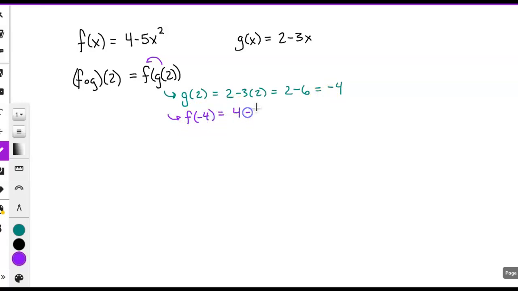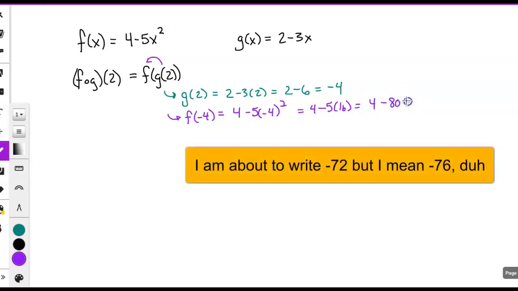So 4 minus 5, by the way, the 4 is from there, right? So 4 minus 5 times negative 4 squared. So that's 4 minus 5 times 16. So that's 4 minus 80, and then that's negative 76.